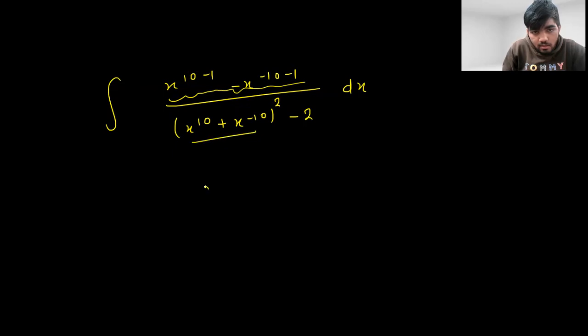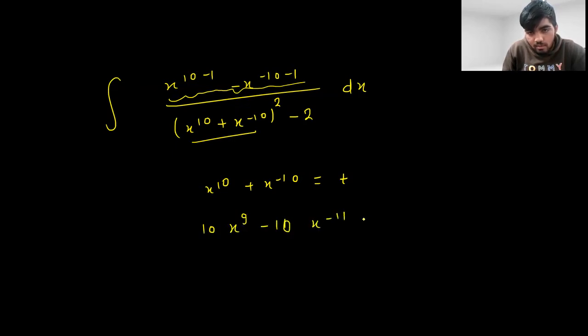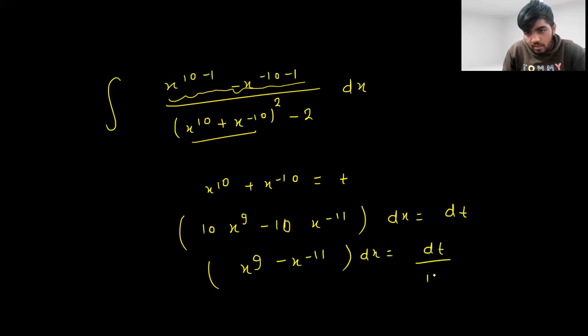If you take x^10 plus x^(−10) equal to t, and differentiate both sides, then this will become 10 times x^9 minus 10 times x^(−11) dx is equal to dt. So dx is equal to dt by 10.